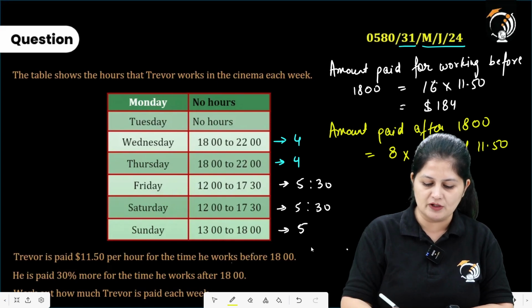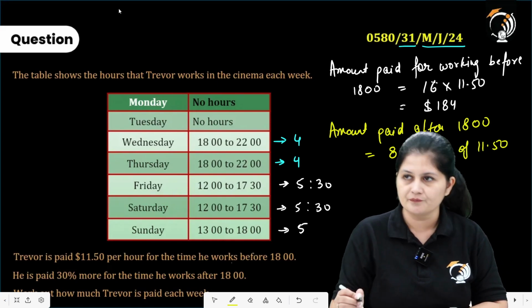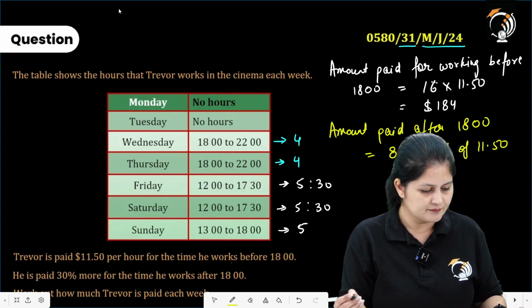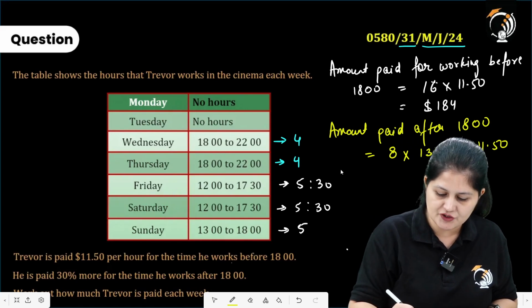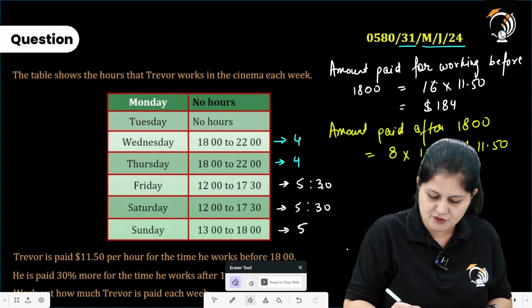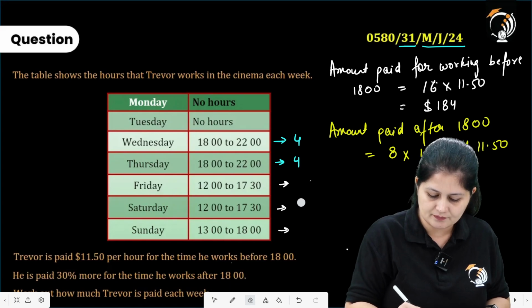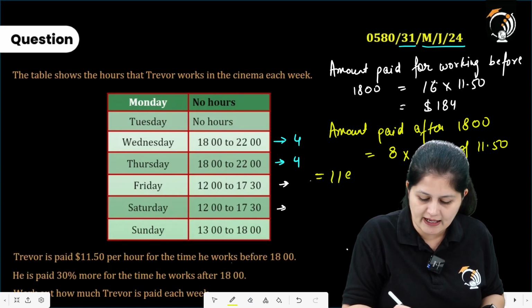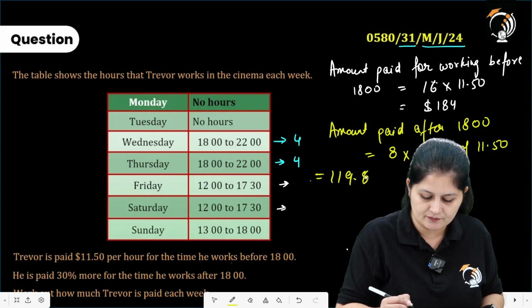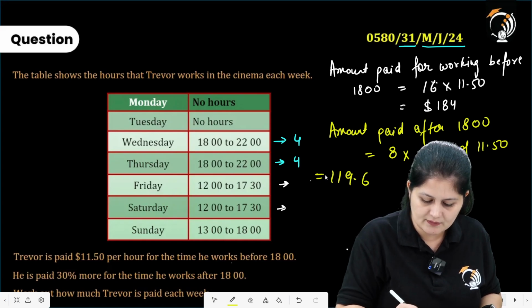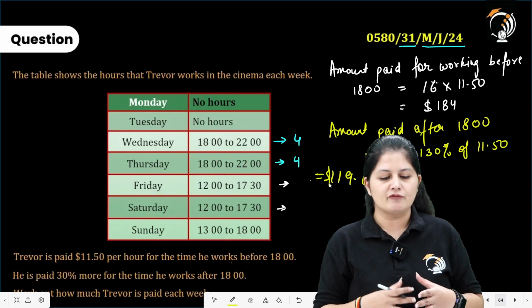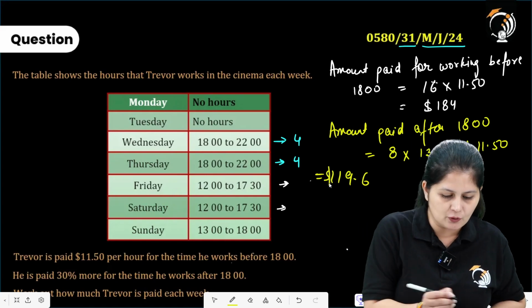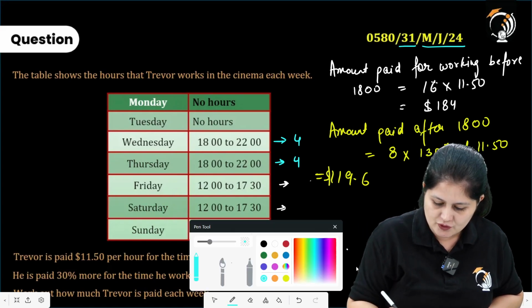So I'm just doing the calculation here so that it is visible to you. Let's do the calculation. After doing this entire calculation, I'm erasing this particular part so that it is visible to you. So it is equal to $119.6. That is the amount he is getting for working after 1800, right? So further, if we need to find out the total amount, so just writing the total here.